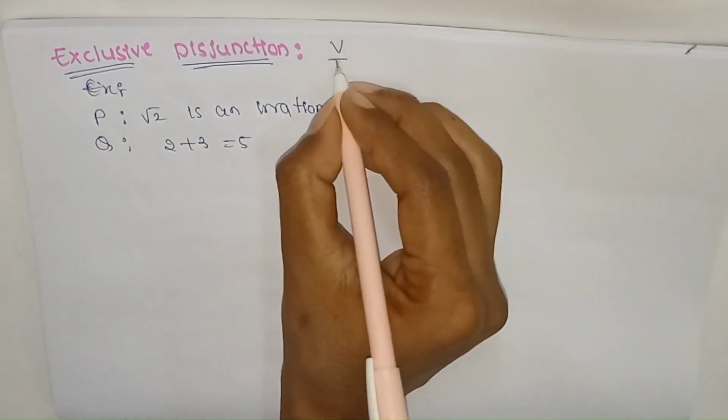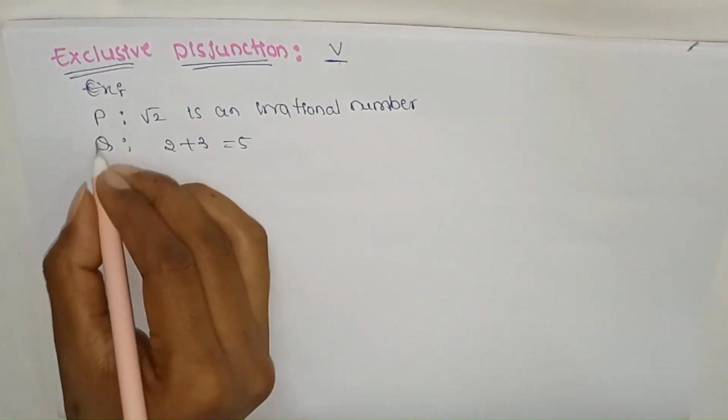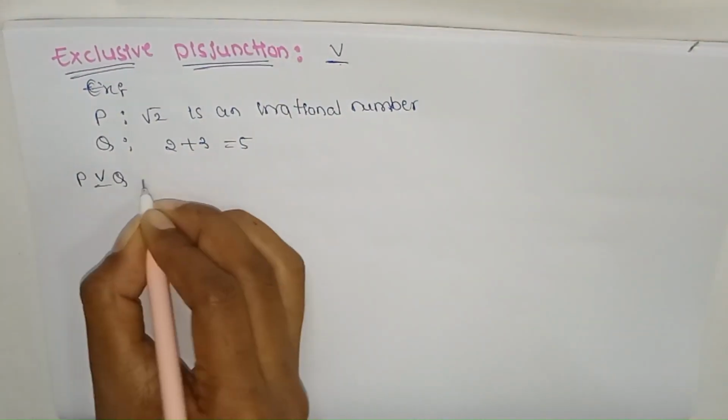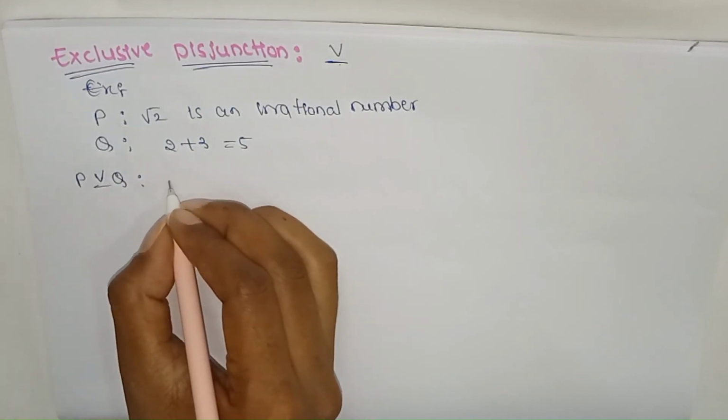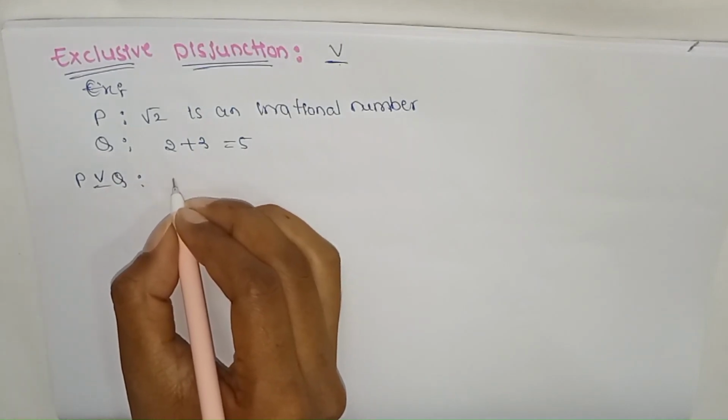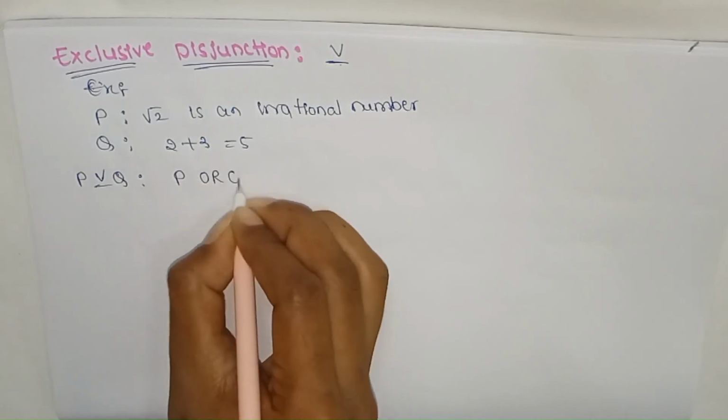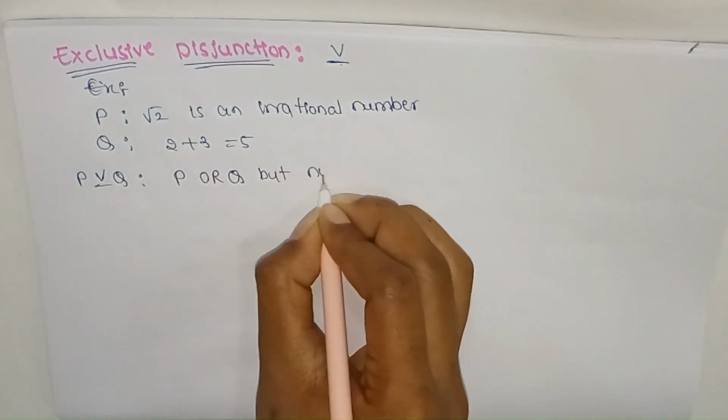Now let us apply the exclusive disjunction to these two statements. It reads as P or Q, but not both.